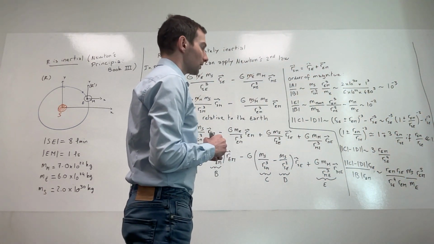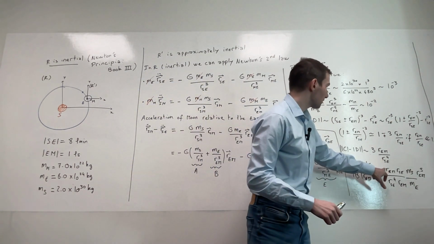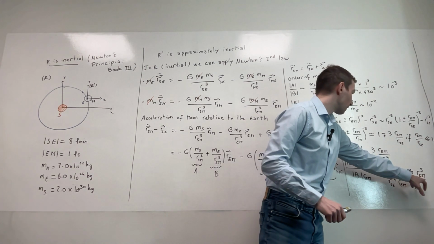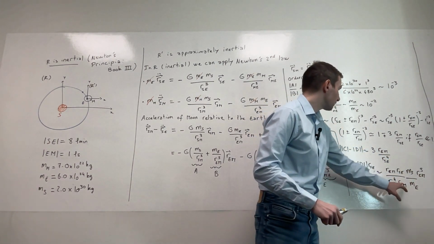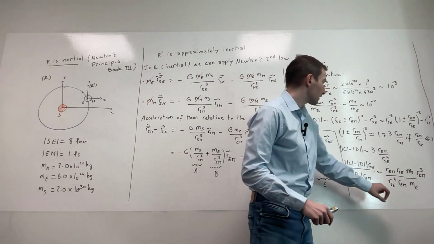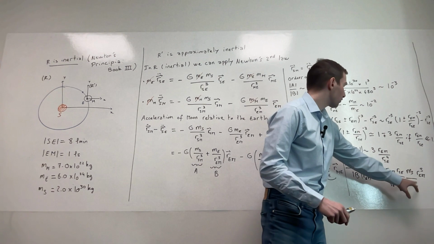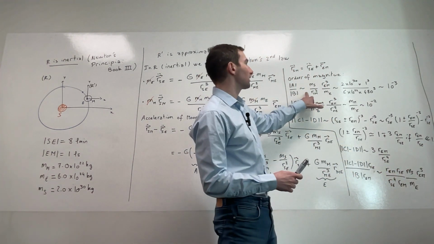Okay? So what we have is that in the end, we've got some REM to the power 4 that is cancelled here. So that's REM cubed, in fact, cancelling here, divided by RSE cubed. Okay, and then we've got the ratio of MS and ME, but actually that's what we had exactly here.